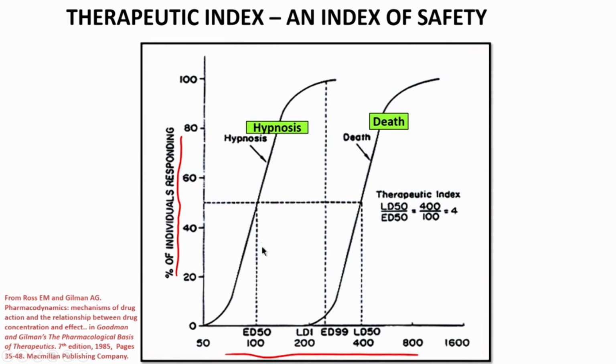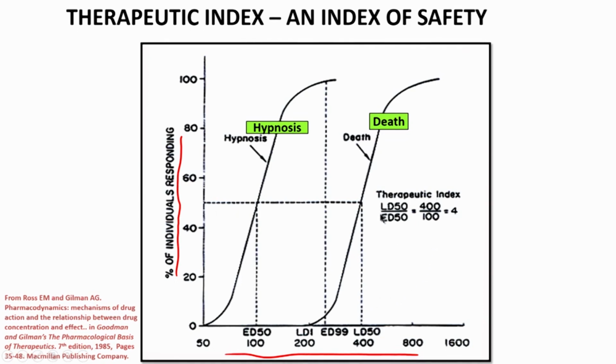But then at a certain high concentration, in this case these are just some random values, as the concentration of the drug is increasing further, it may eventually cause even death in people. So in this case the lethal dose 50 is right here, because 50% of the patients are dying at a concentration of about 400.